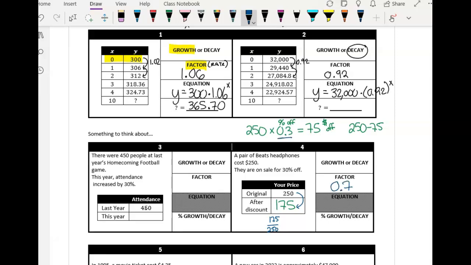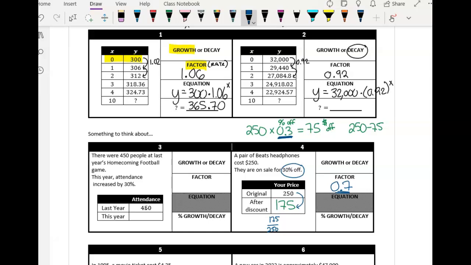So I want you to compare. Look at this number here, 0.3, compared to 0.7. Right? 30% was what was taken off. So that is the discount. What did we pay? We paid 70% of the original price. And the reason that's important is, notice we didn't multiply.